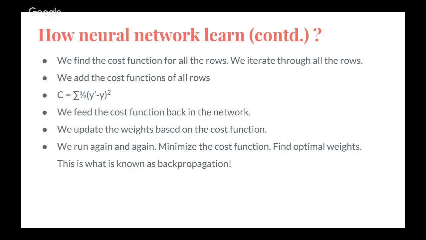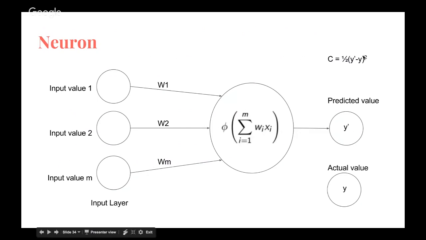And now we'll be sending this cost function, the error, again inside the network, and the network would fix these weight values on its own, and traverse through the entire data set again, and then again find the sum of the cost function, and then change the weights.